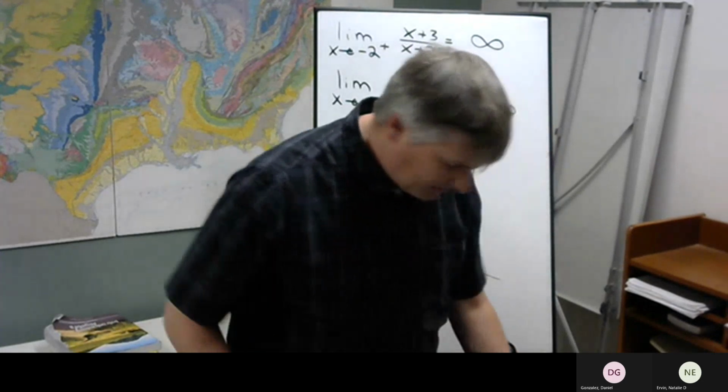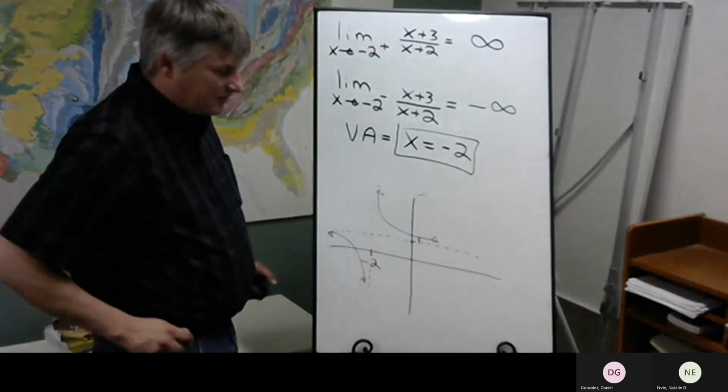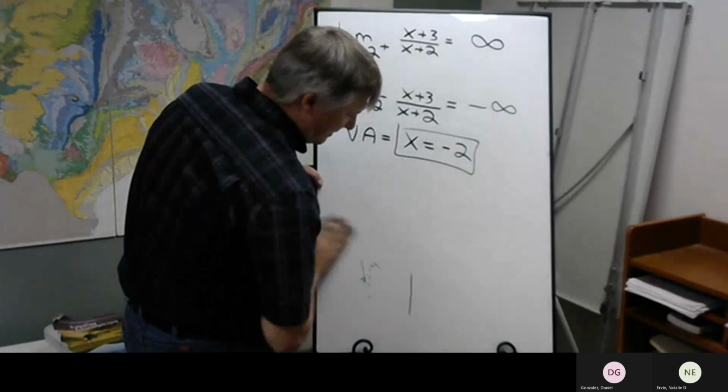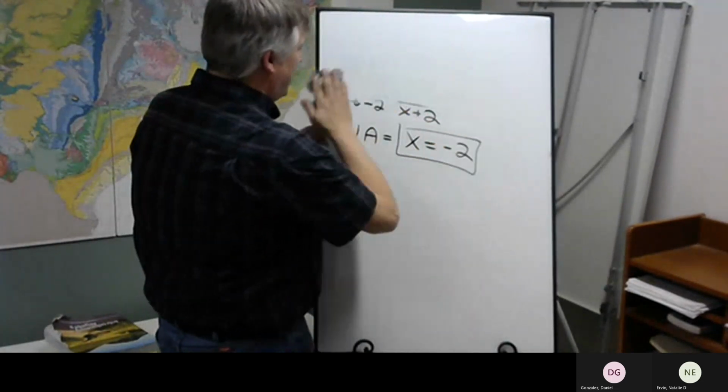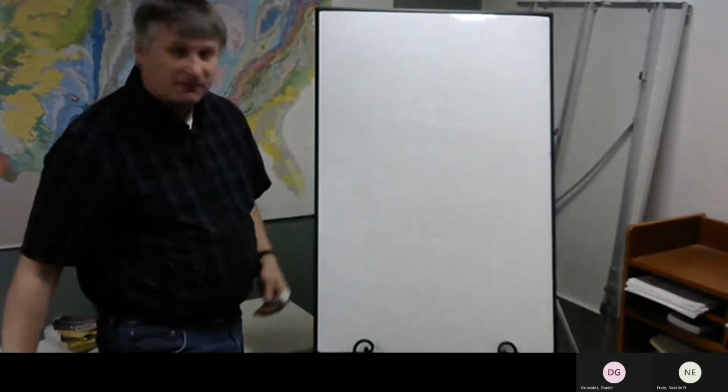So I do want to mention something real quick. We're going to revisit an example we looked at last time with the oblique asymptote. And it was a function like this.